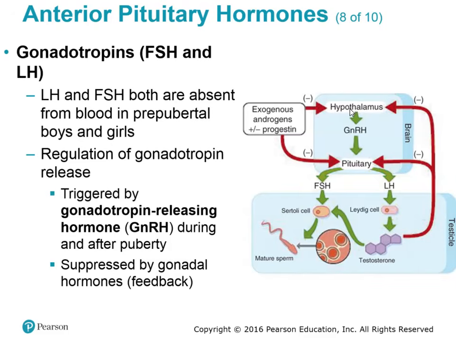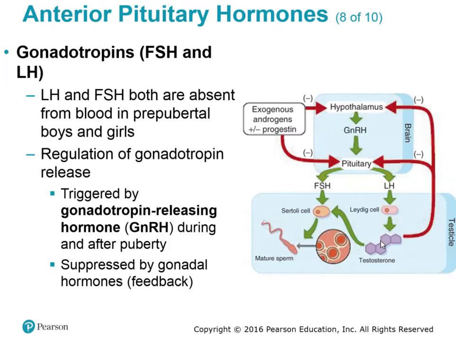Follicle stimulating hormone is going to stimulate those follicles to develop into either sperm or eggs. The luteinizing hormone from the pituitary is going to stimulate secretion of those sex hormones, so estrogens and testosterone.